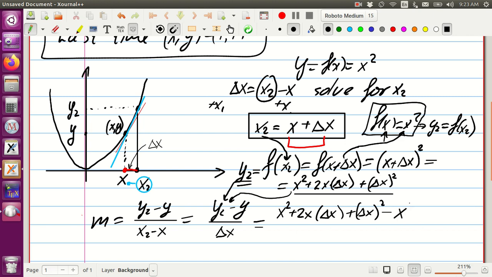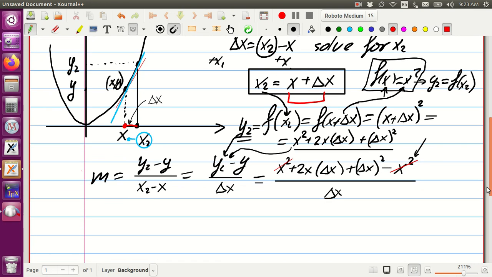So we plug in x squared for y, divided by delta x. And the hint is the term after the minus sign should go away. What do I mean by that? I mean that we have a positive x squared up front, we have negative x squared at the end, they add up to 0. So we're left with 2x delta x, then we have delta x squared divided by delta x.